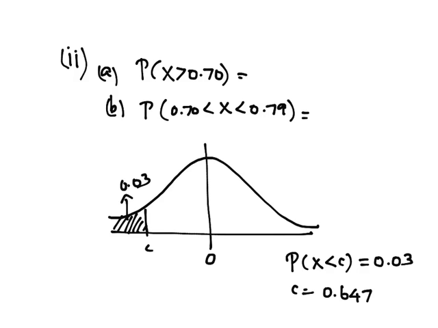No. Actually, we're talking about C for the original data, the original problem, where sigma is 0.06 and the mean is 0.76. So the answer is 0.647. If you feel it is confusing, you can just ignore it. You can just erase this 0 and C. So this is fine, no need to worry about it. This is the answer.